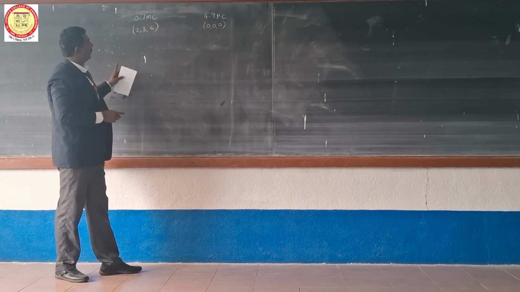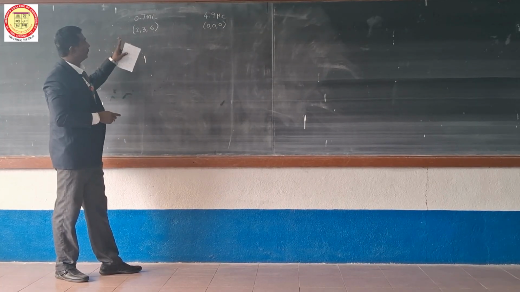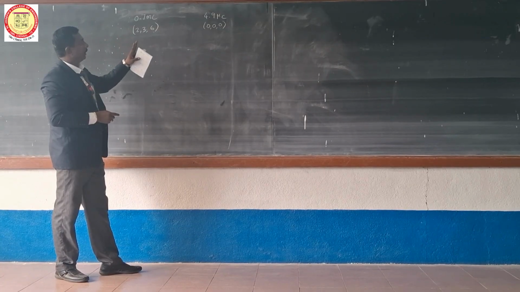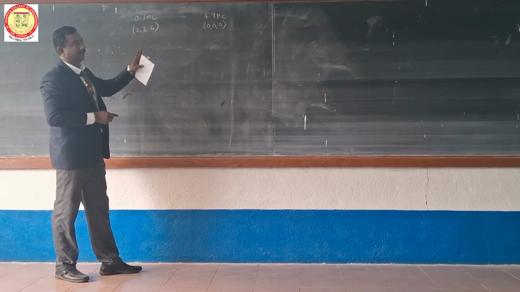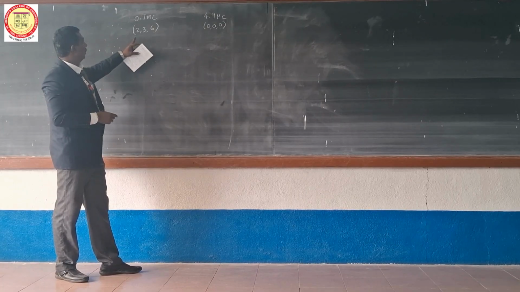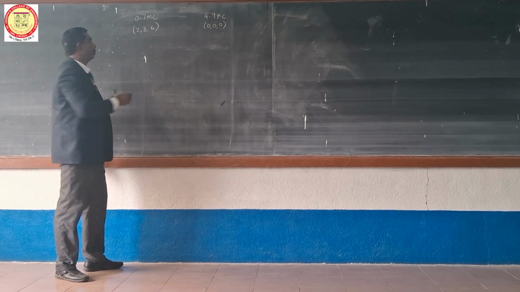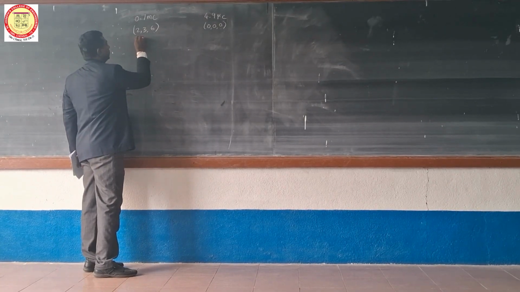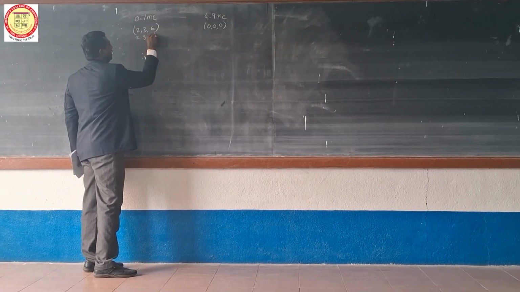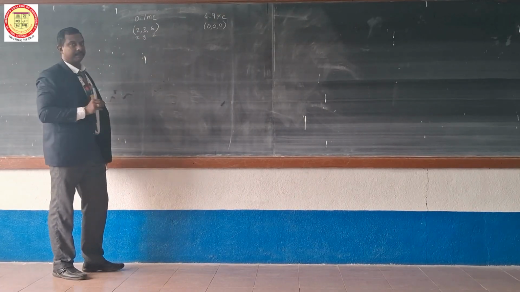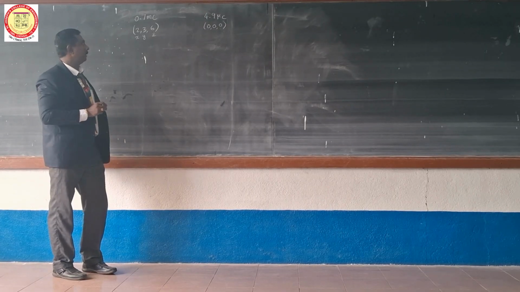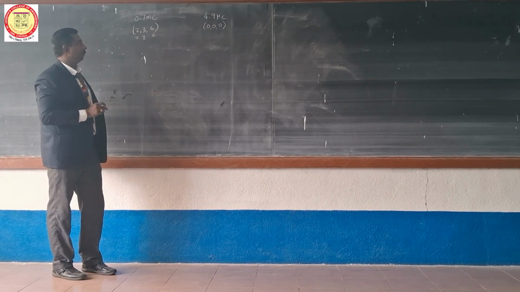So I will repeat it once again. We have two charges. One is 0.7 millicoulomb and another charge with magnitude 4.9 microcoulomb. One is situated at 2,3,6, another one at origin. So when we say 2,3,6, this is nothing but x, y, z. So 2 corresponds to x, 3 corresponds to y, and 6 corresponds to z.